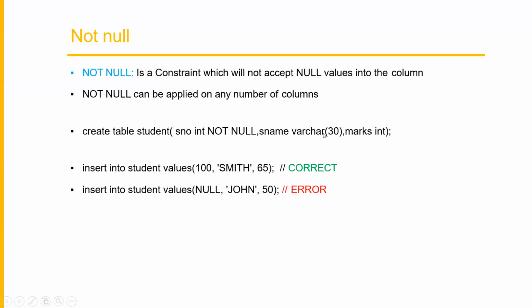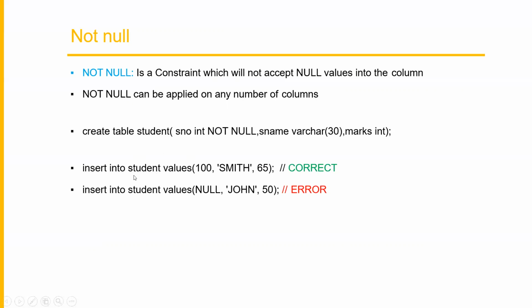And it has student name, which is varchar, and marks, which are integer. But I want my student number as not null. So whoever is inserting a row into this table student should definitely provide S number, that is student number. That is what this not null constraint says.